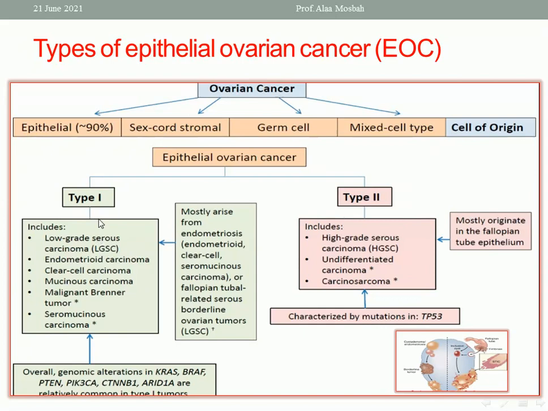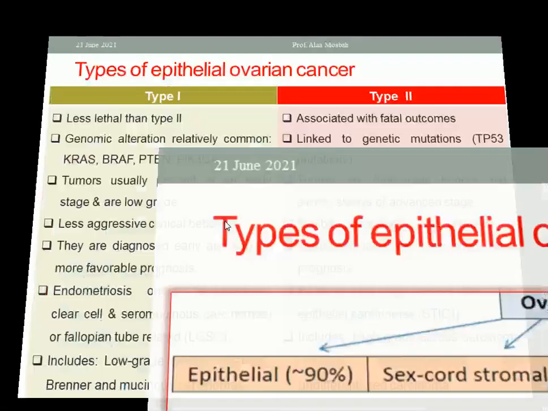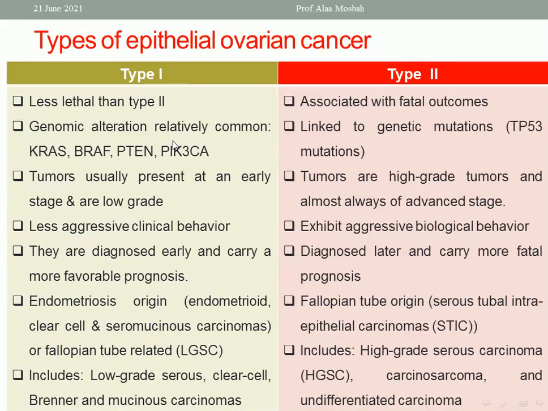Type 1 includes low-grade serous carcinoma, endometrioid carcinoma, clear cell carcinoma, mucinous carcinoma, malignant Brenner tumor, and seromucinous carcinoma. While type 2 includes the high-grade serous carcinoma, the carcinosarcoma, and the undifferentiated carcinoma. Type 1 is less lethal and has a better prognosis than type 2.